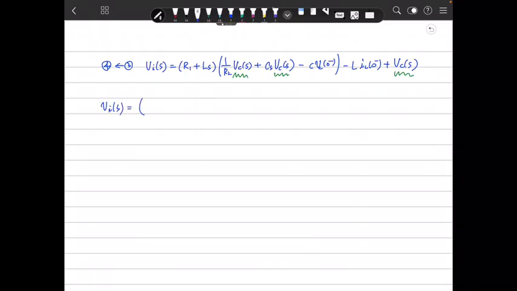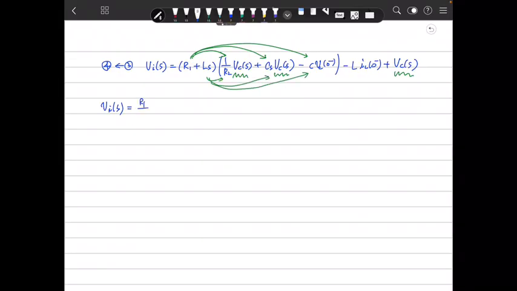VIS is LCS square plus, no, I need some procedures. First, what we'll do is in this way and in this manner.